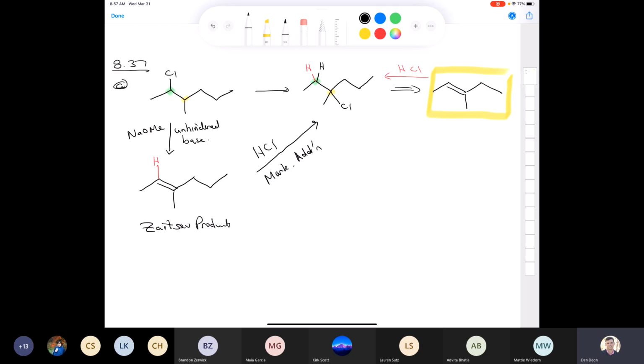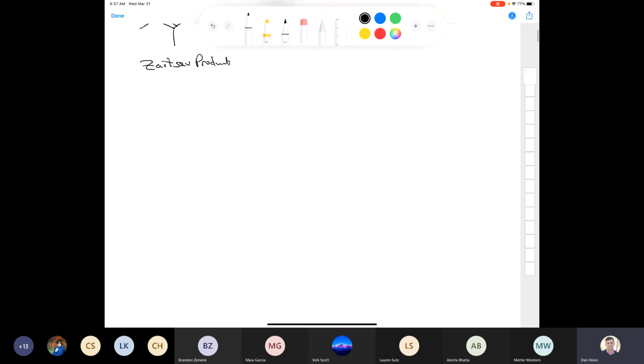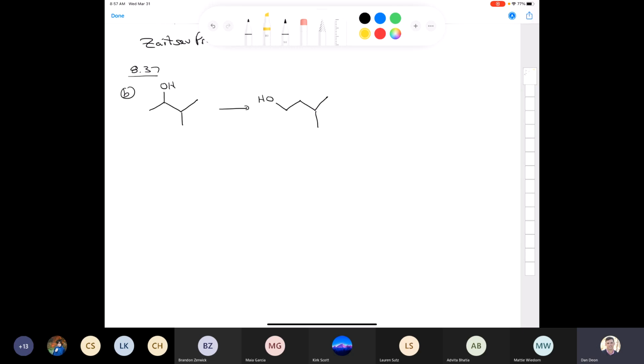Well, let's try another one. So let's try 8.37b. We're going to take this secondary alcohol and convert it to this primary alcohol. So we want to move it from the yellow carbon over to this green carbon.